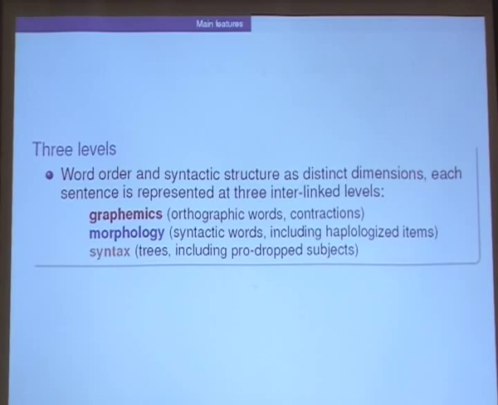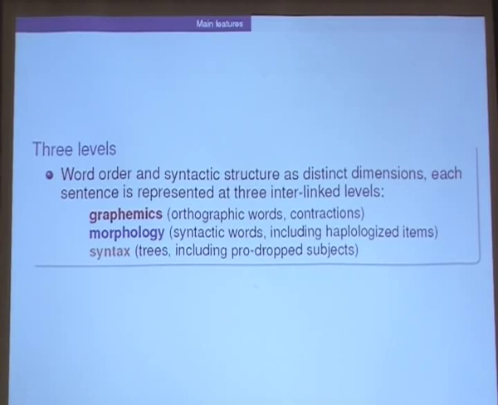The first level is the first level of graphemics, just orthographic words, where contractions are not interpreted. We shall come to examples later. Then comes the level of morphology, where there are syntactic words and also interpreted haplologized items, such as viděls, etc. And then comes the most important level in our approach.